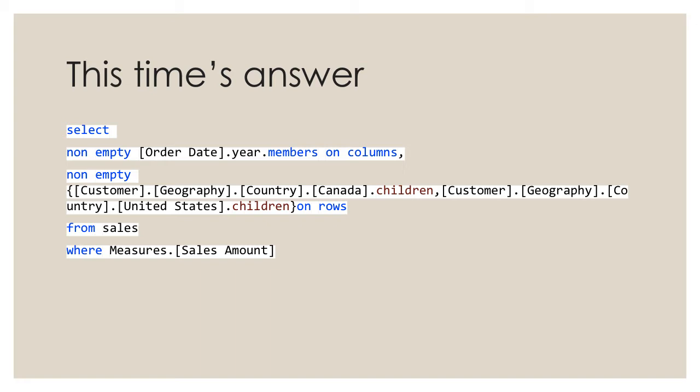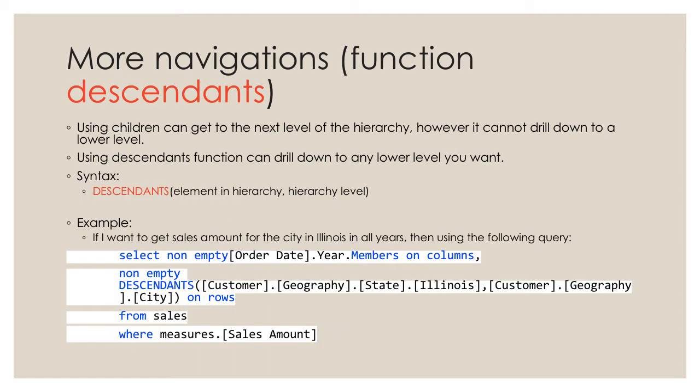If there are no questions, I'll go into the next one, which is descendants. Descendants is a very useful function. I have shown you the syntax here: descendants, the element in the hierarchy, and the hierarchy level.